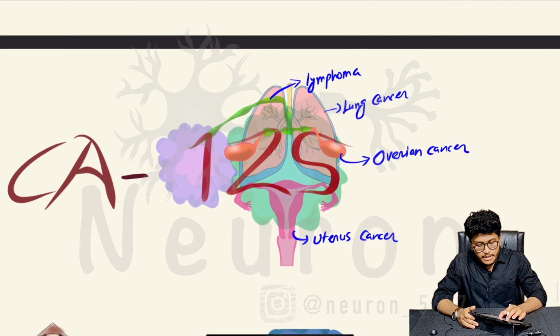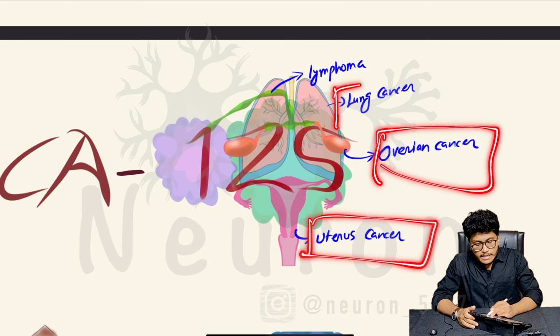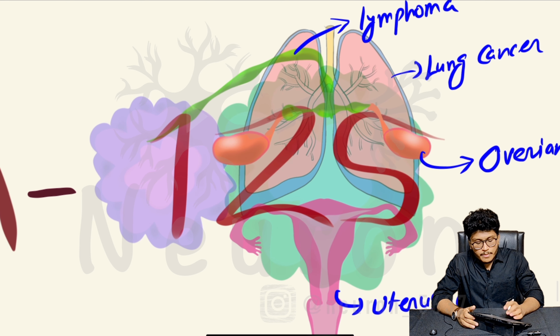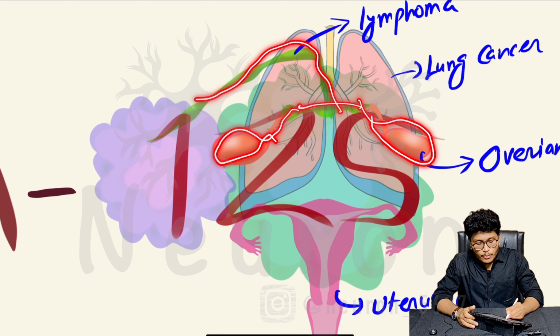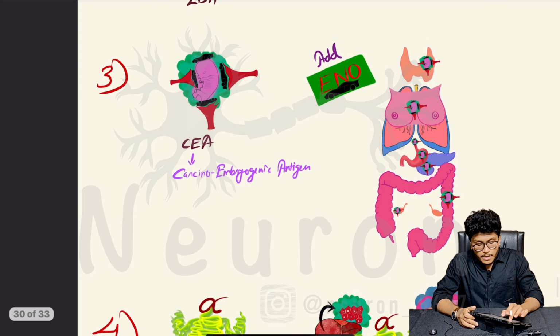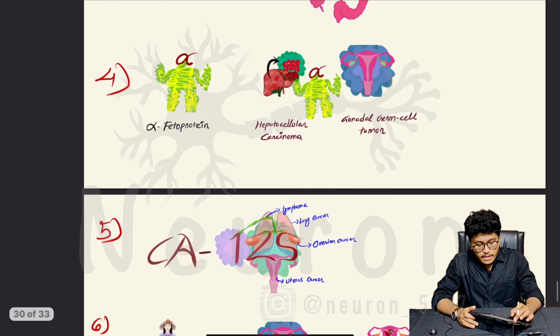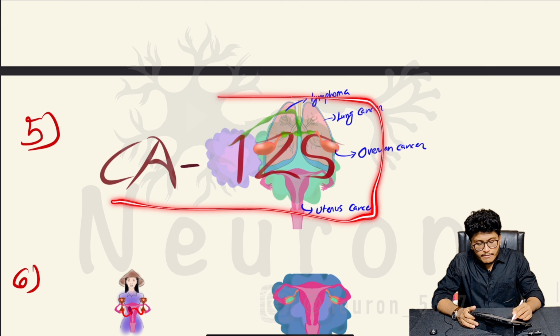So in all these types of cancer, uterine cancer, ovarian cancer, lung cancer, and also you have to remember that these two ovaries are hanging by the support which is provided by this chain also known as lymphoma. We have covered lymphoma above here. Okay, this is lymphoma. So in lymphoma, the tumor marker will be LDH. Also in lymphomas, the tumor marker will be CA125.